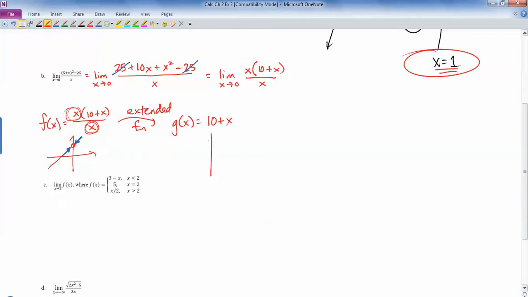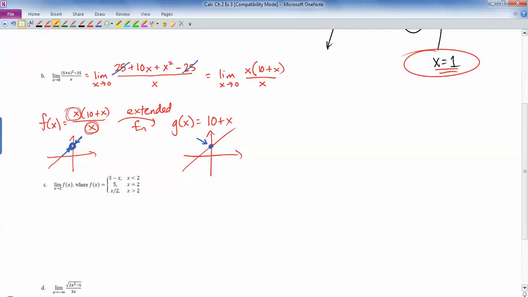And g of x is the same exact picture as f of x, except the hole is filled in. Right? That's something that we learned last semester. So if I wanted to find the limit around here, what's that value where it doesn't actually exist and there's a hole there? Well, I can do the same thing by figuring out where that hole is, where that value is.